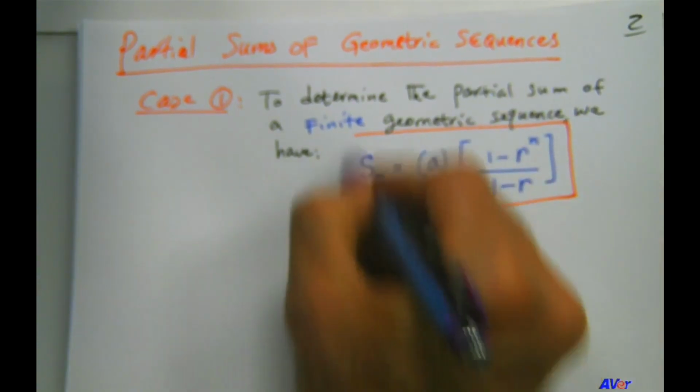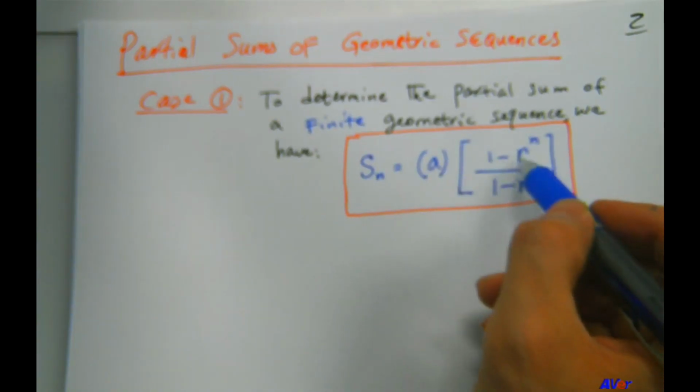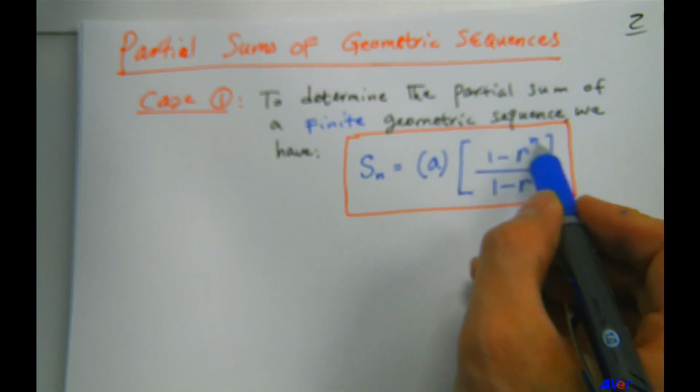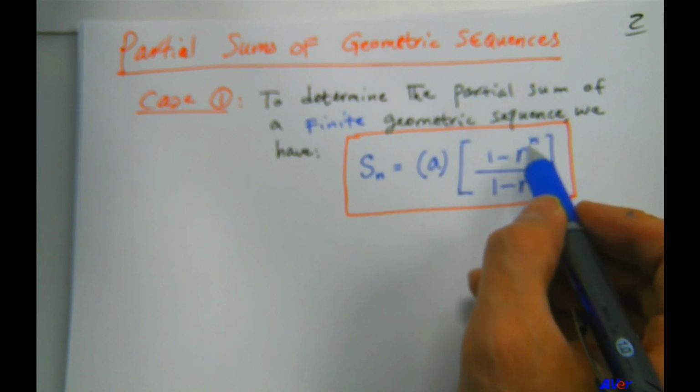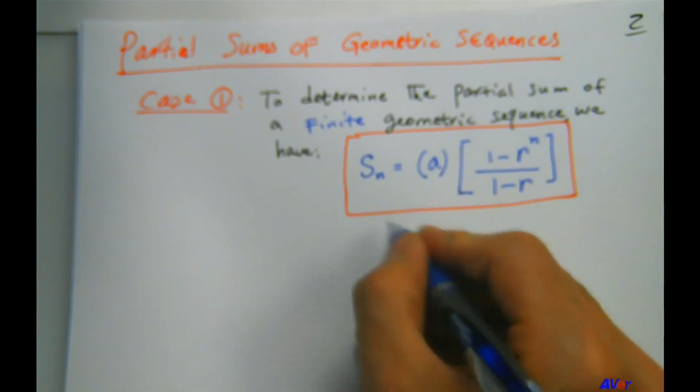So we already know what every variable is here. R is the common ratio. N is how many terms we are adding. So let me make that clear in case it isn't.